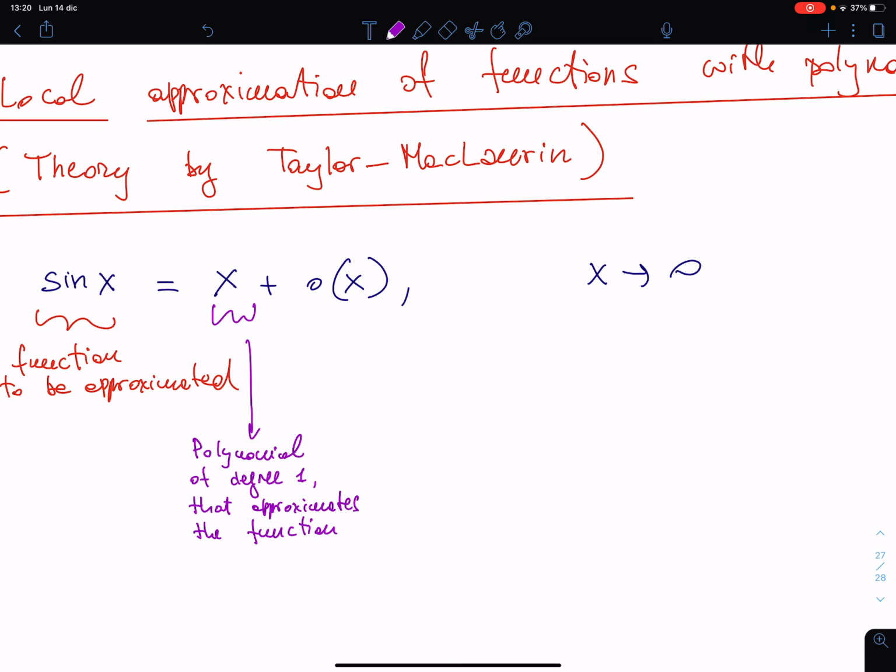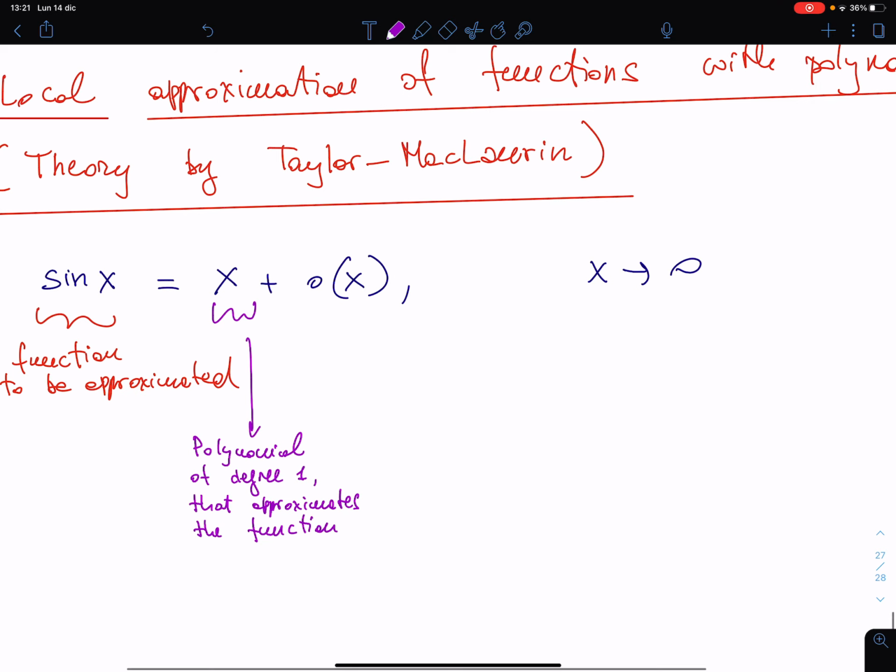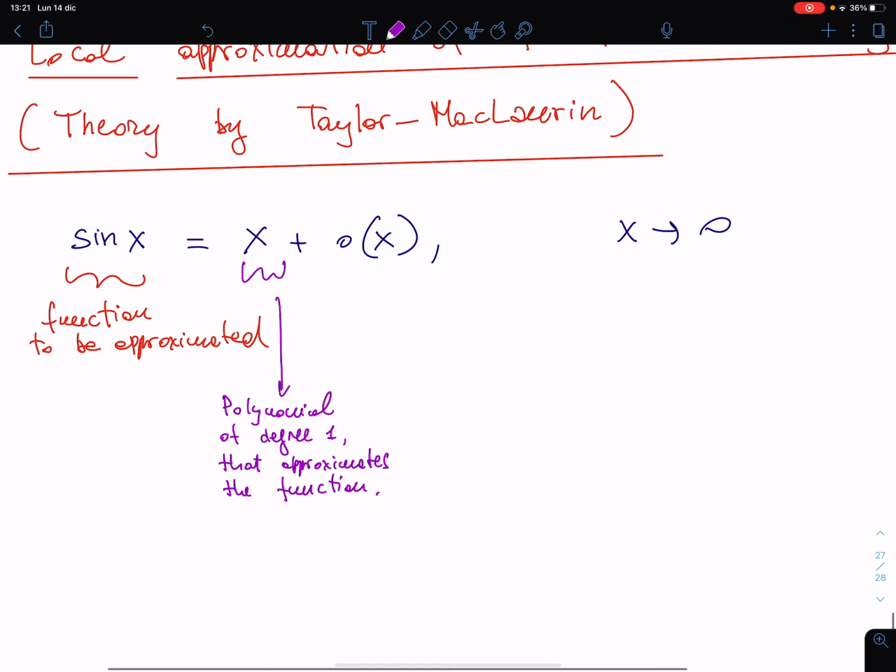And I recall you that this is the best polynomial. The best. So let me write here. This is the best polynomial of degree 1 that approximates the function.